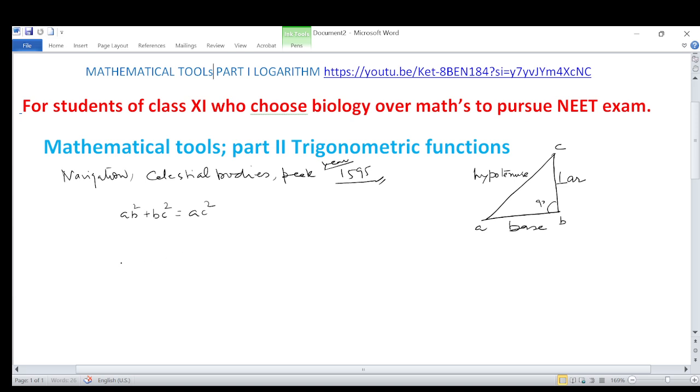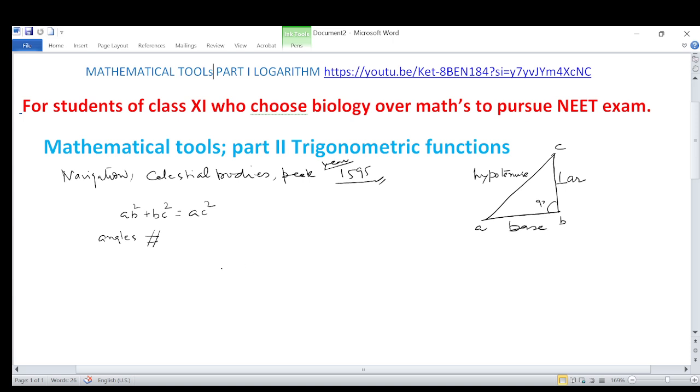But he did not talk about angles. In mathematical tools we talk about the angles, obviously in a right angle triangle. So let's start with the basic things about the trigonometric functions.